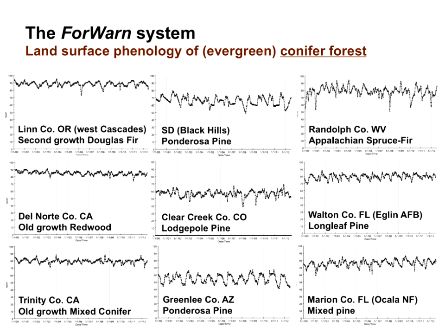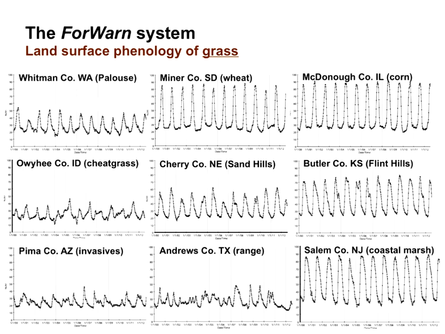In contrast, when we look at something like evergreen conifer forest, winter to summer has a lot less amplitude, a lot less variability, and that's simply because they keep their leaves on. They're evergreen after all. Grass, on the other hand, looks completely different again.